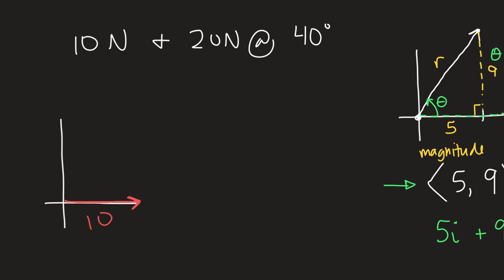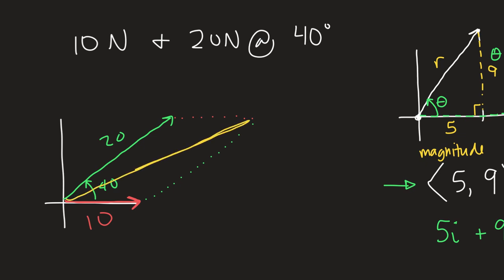So there's your 10 Newton force, then you make your angle of 40, and you apply your other 20 Newton force. In class we used the parallelogram method to figure out where that resultant would be. The resultant, or the answer, is going to be down the middle in between your two force vectors. This is your resultant right there.